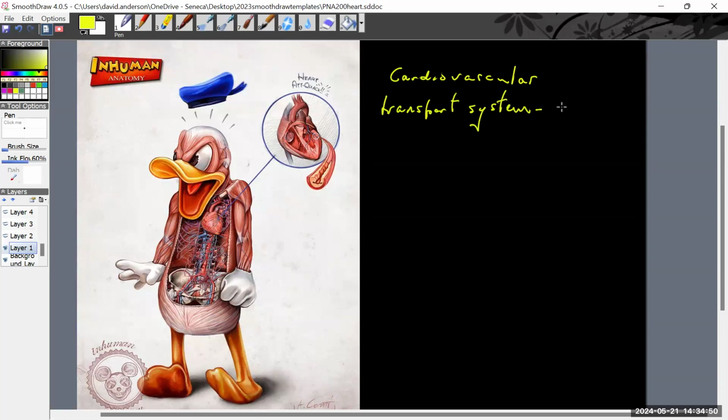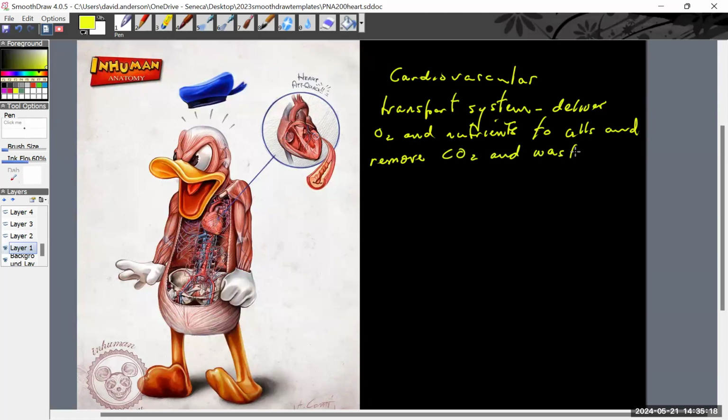And the goal of this transportation system is to deliver oxygen and nutrients like glucose and amino acids and so on to cells, and remove or pick up carbon dioxide and waste from the cells.